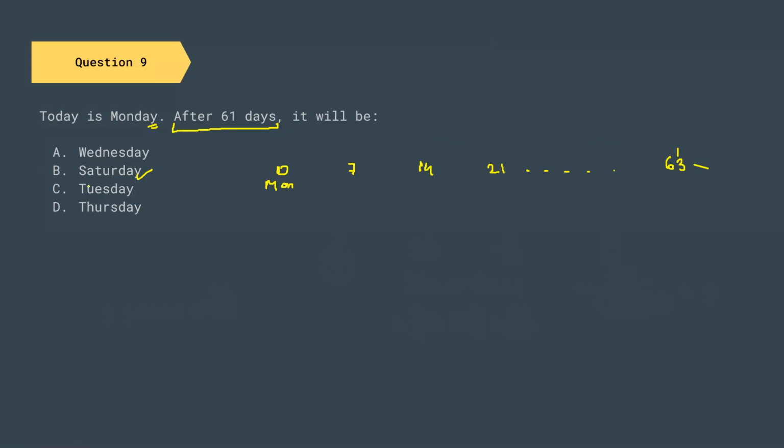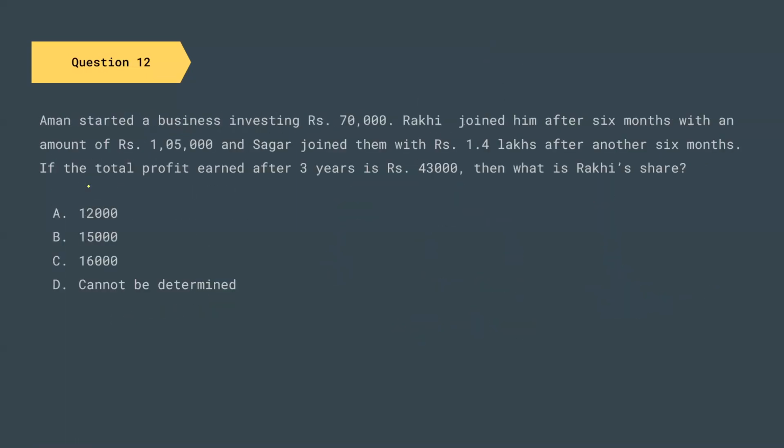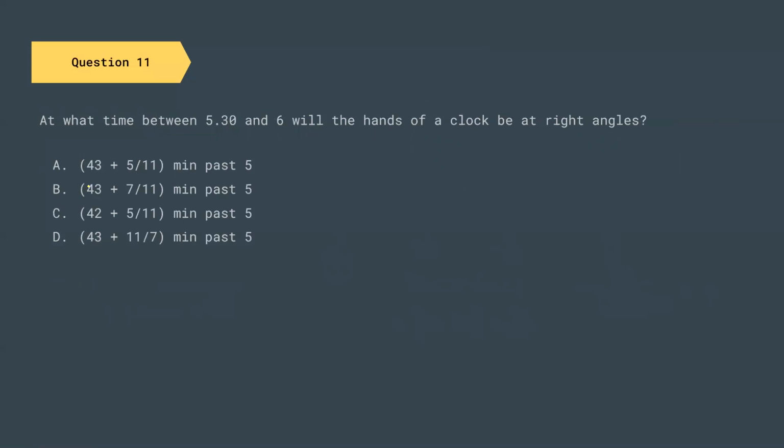Okay. Now let us go to this question. We will try to solve this fast, and we have already done this question. What will be the time between 5:30 and 6 at which the hands of a clock are at right angle? So you have to find a time between 5:30 and 6 during which the hands of the clock will be at right angle, that means 90 degrees.